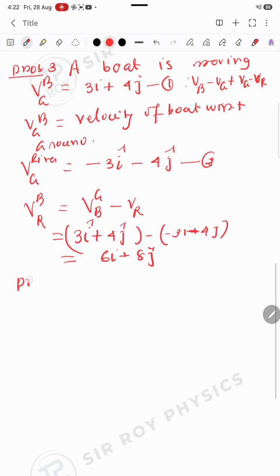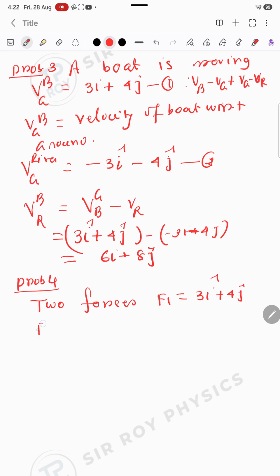Problem number 4. Two forces F1 equal to 3i plus 4j and F2 equal to 3i plus 4k, 0 into j.